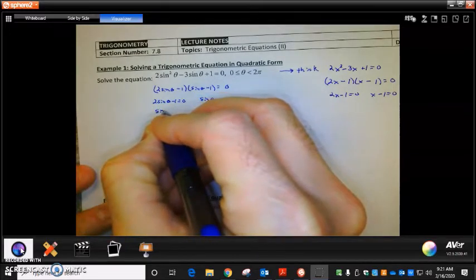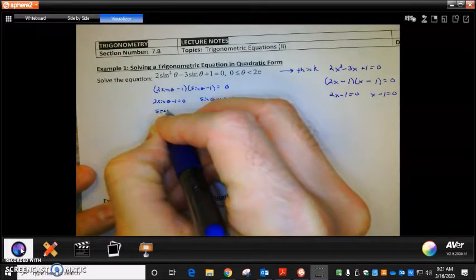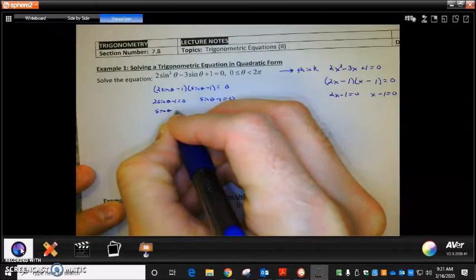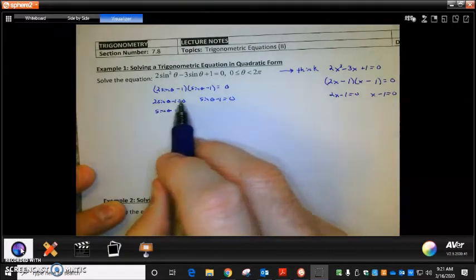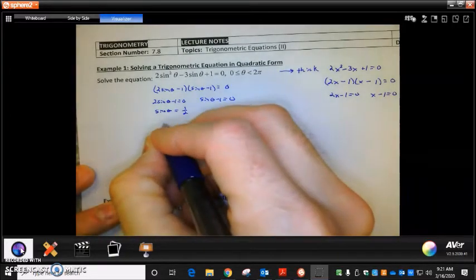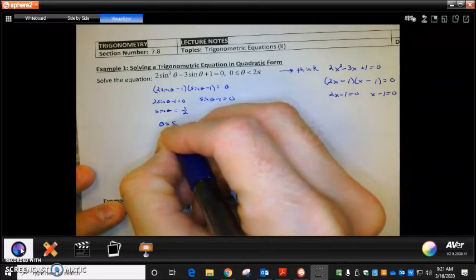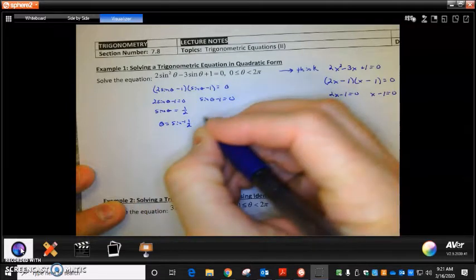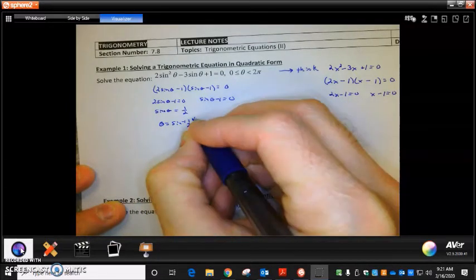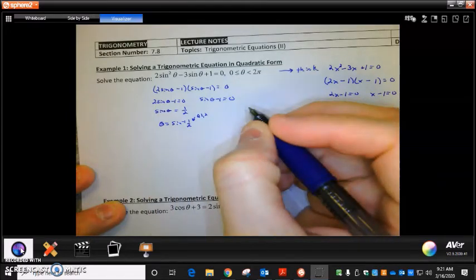Okay, so we're going to solve this. I'm going to go ahead and say sine theta will be equal to 1/2, if you'll allow me to do those two steps at once, which means theta is equal to the inverse sine of 1/2, which means this is going to be an angle that's in quadrant 1 or 2 and has a sine value of 1/2.